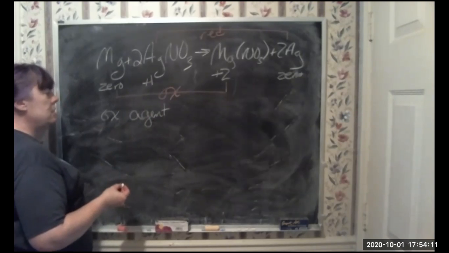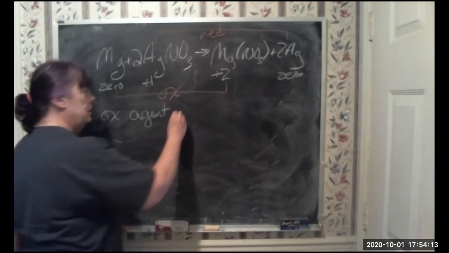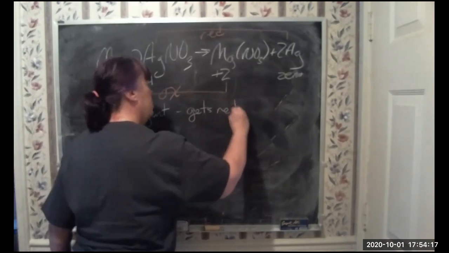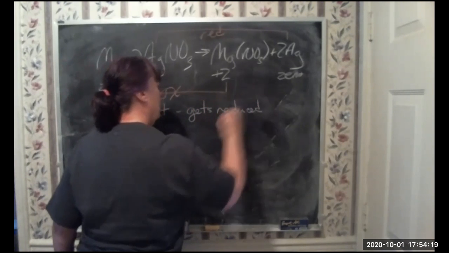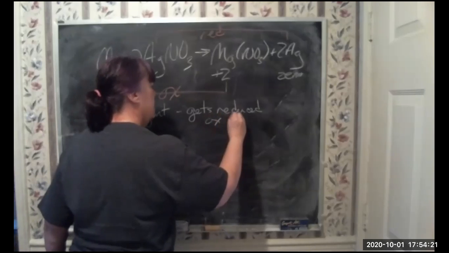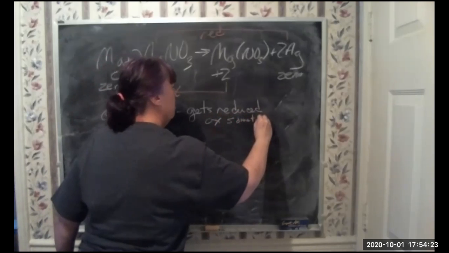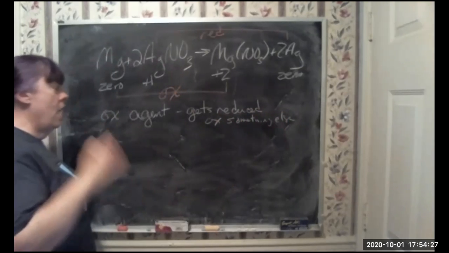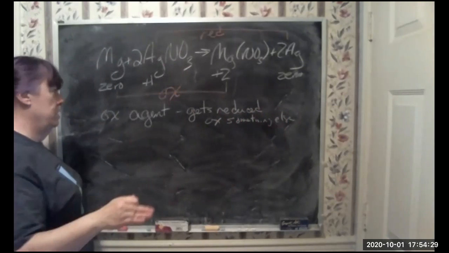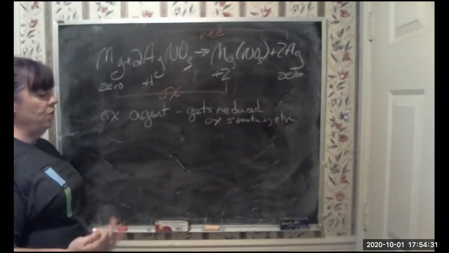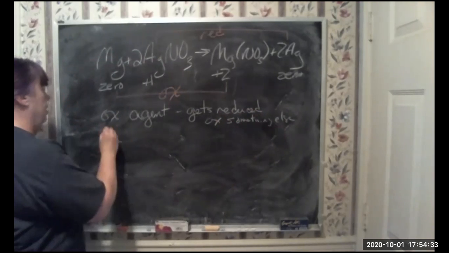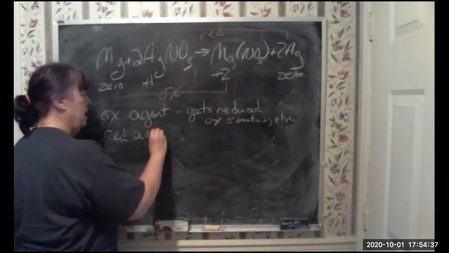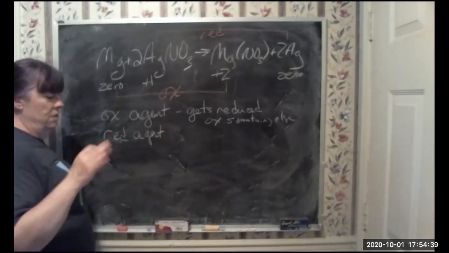So an oxidizing agent gets reduced and oxidizes something else. It's doing the oxidation to another substance. And since everything in redox is paired, we also need a reducing agent, so it kind of does the flip.